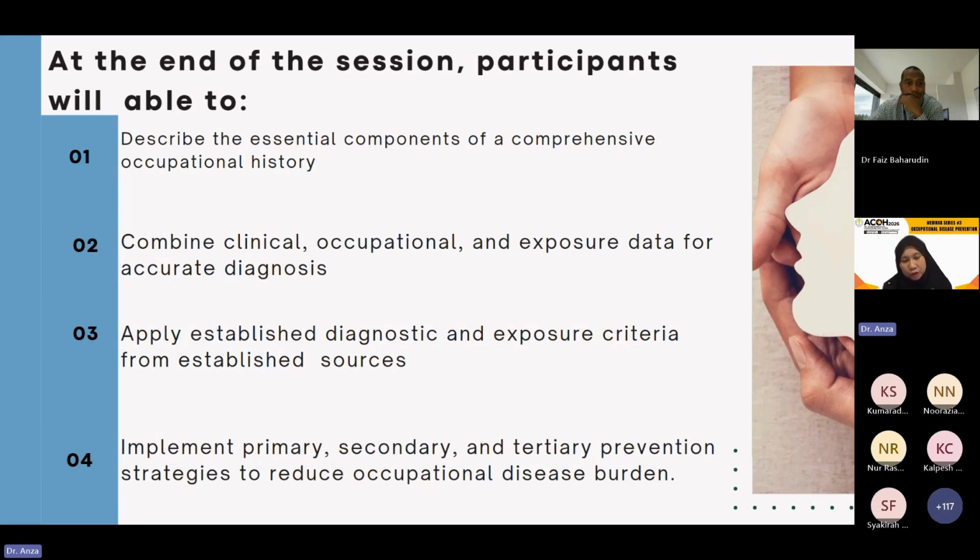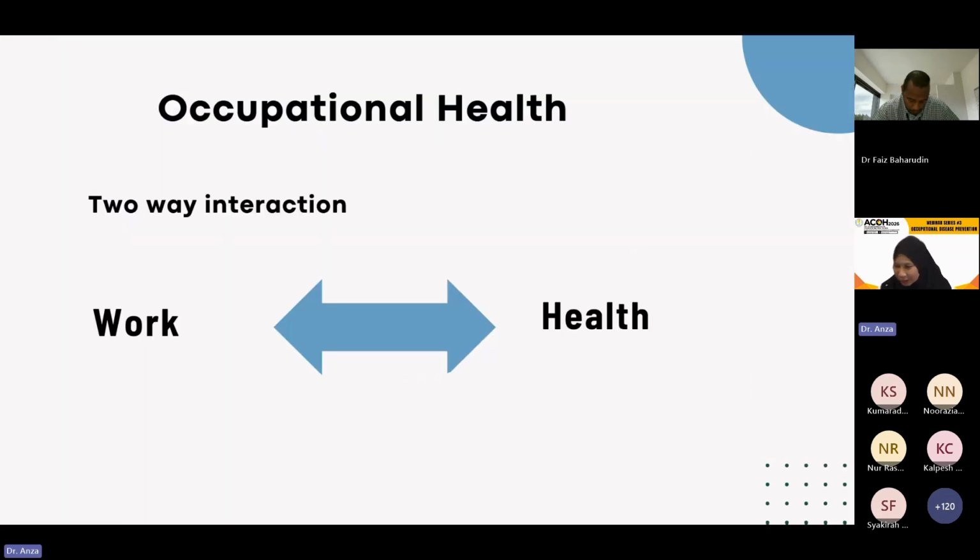Thirdly, how we apply established diagnostic and exposure criteria. And lastly, how we implement primary, secondary, and tertiary prevention strategies to reduce the occupational disease burden. I know it's post-lunch, so let's go back to the very basics of occupational health.